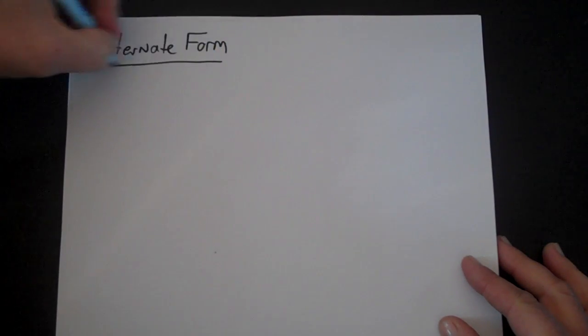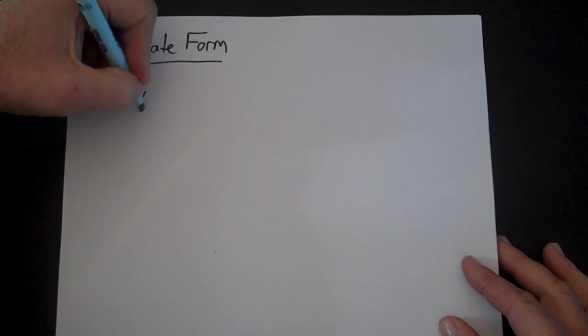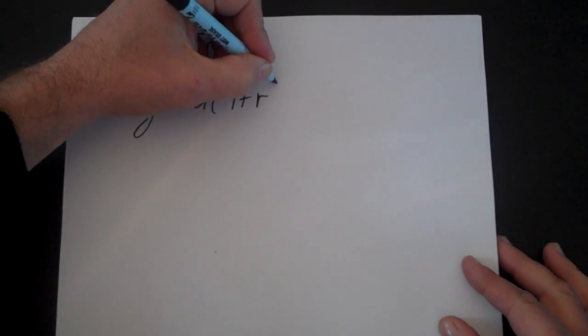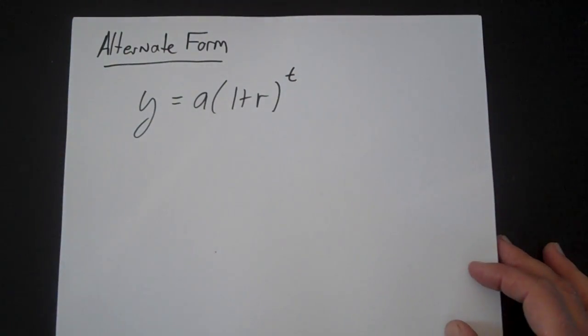Actually, by writing this in a slightly different form, we can read more from this. So let's look at an alternate form. Same function, let's just rewrite it. Now we're going to write it y is equal to a times 1 plus r to the t.